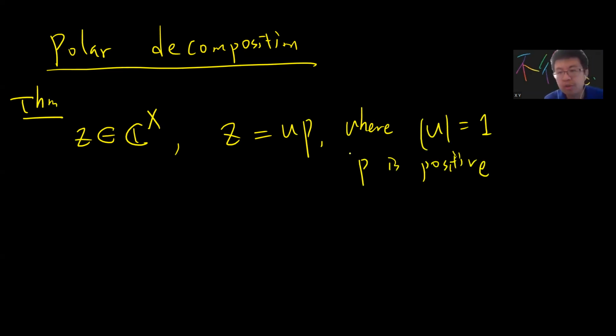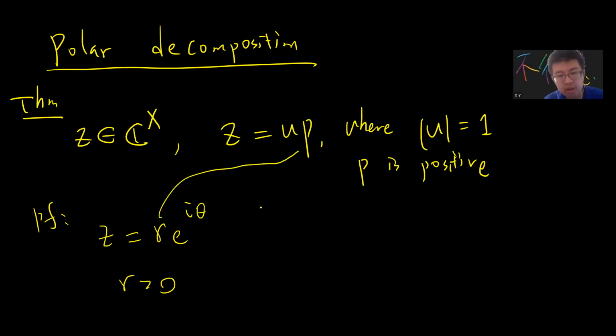You can view this as the trivial version of the polar decomposition. The proof is very simple because z is a complex number, so I can write it as r e^{iθ} where r is greater than 0. I can just assign r to be p and u to be e^{iθ}. Trivial.